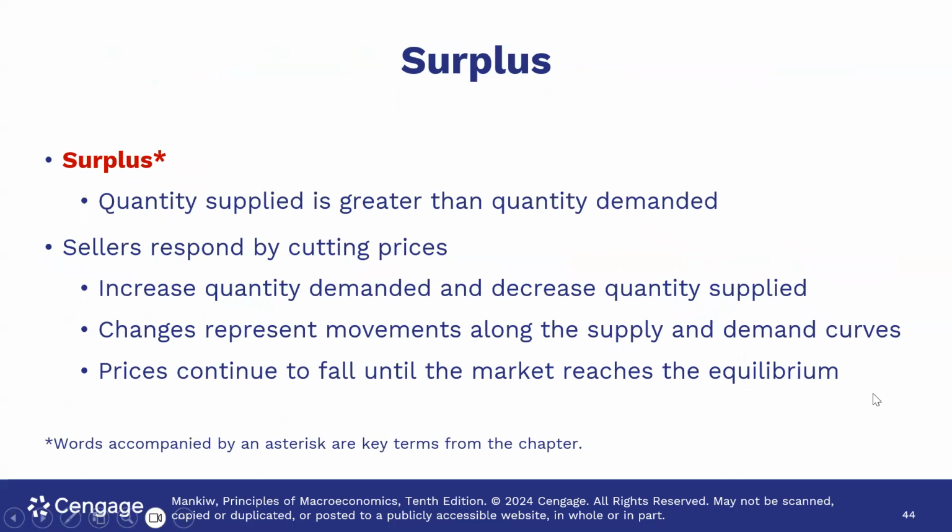So here, when we talk about the equilibrium, we will always have a situation when supply and demand are not in the equilibrium, and then we will incur a surplus. The surplus is when the quantity supplied is greater than the quantity demanded. So sellers respond by cutting prices.